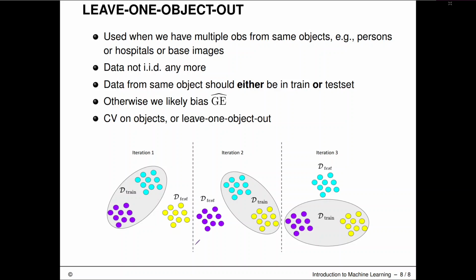So maybe measurements from a person, longitudinal measurements over multiple days, or we have observations from different hospital sites. So there's maybe data we have collected from 100 hospitals, or we have smaller images created from one base image, and then one machine learning observation would be based on this smaller partial image.